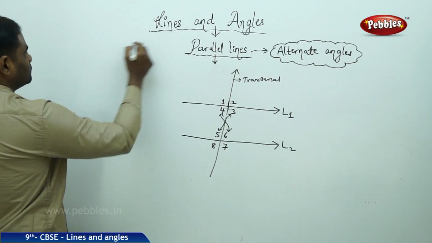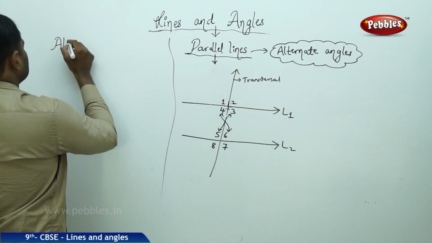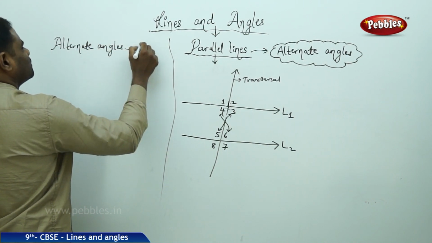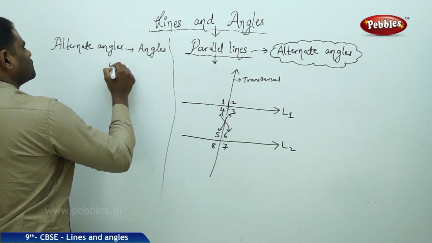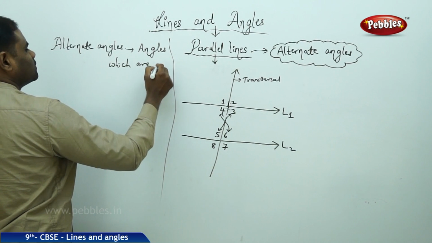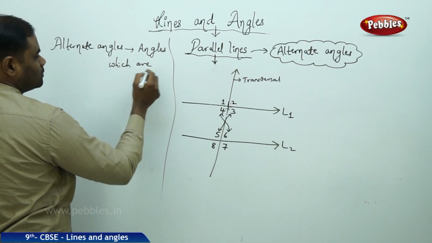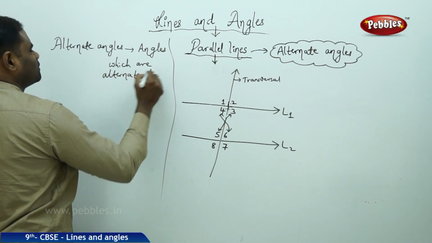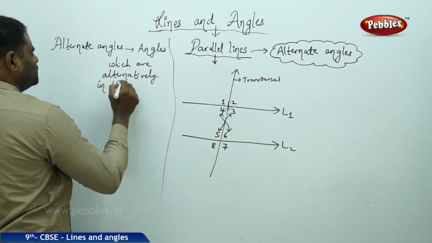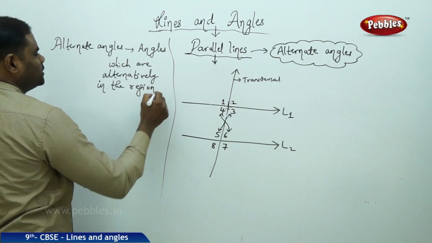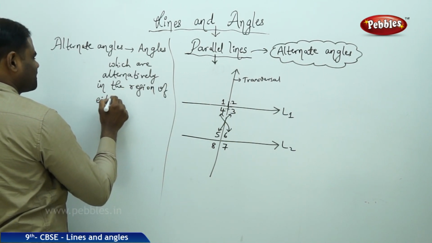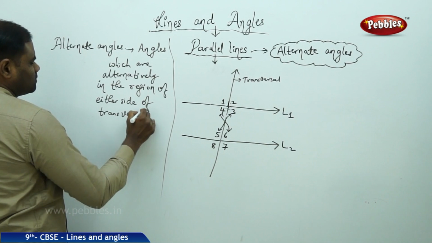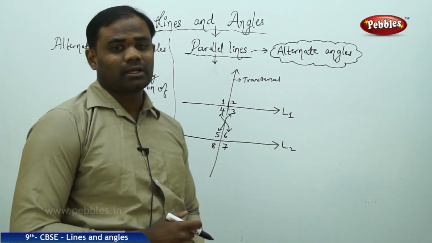So I have alternate angles, which are angles in alternate regions on either side of the transversal. That is what we define as alternate angles.